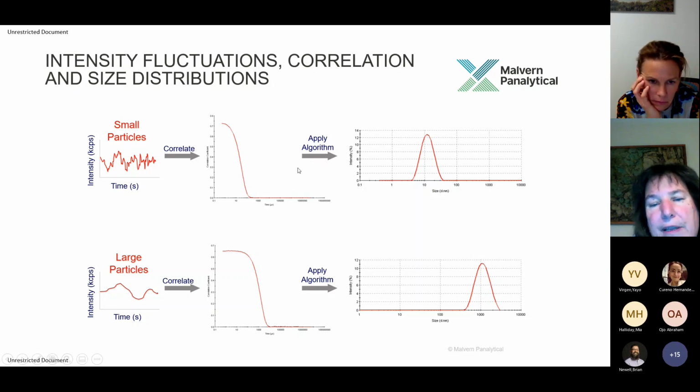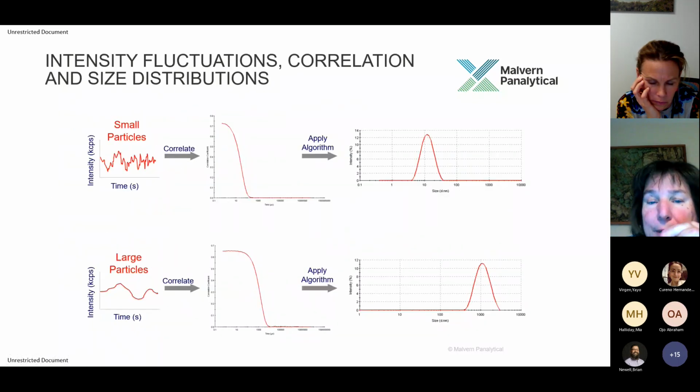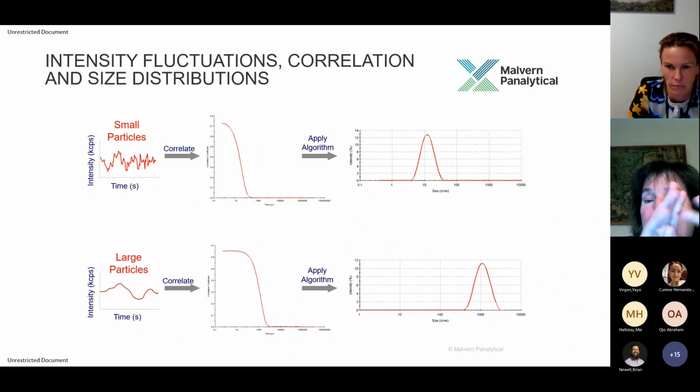We apply an algorithm. We apply a summation of exponential fits in order to get a particle size and size distribution. There's actually two ways that we obtain a particle size and get information about the size distribution. There's something called a cumulant fit, and that's where we just apply a single exponential, and from that we get a mean and a polydispersity index.